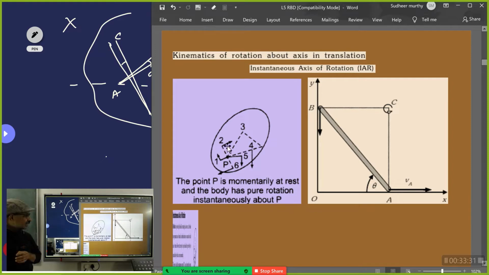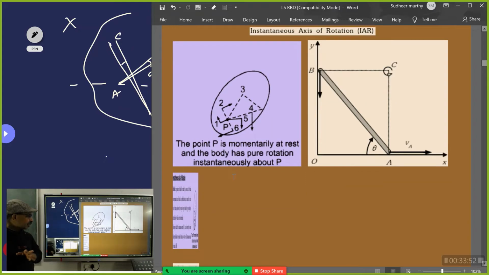We can't say all of them are at rest, because if I write these velocity vectors, then I can't say the body is at rest. However, I create a concept here that at that instant, this point is at rest.